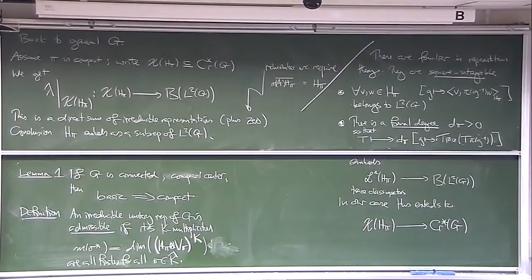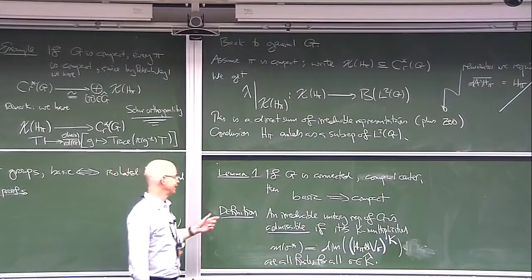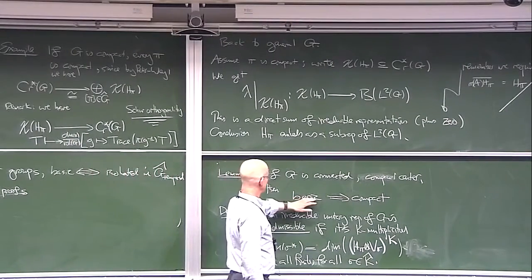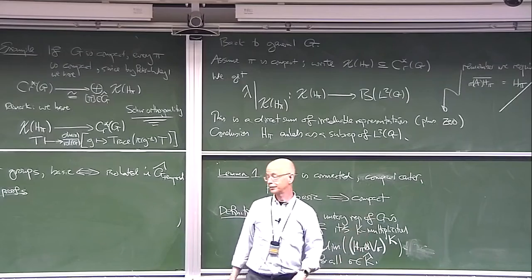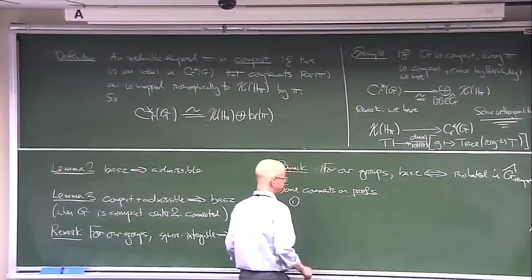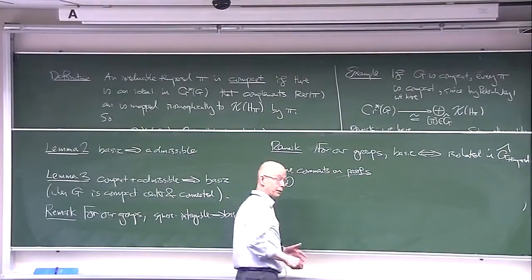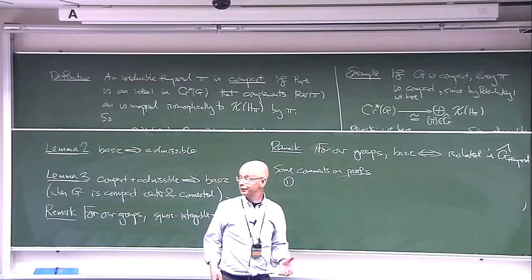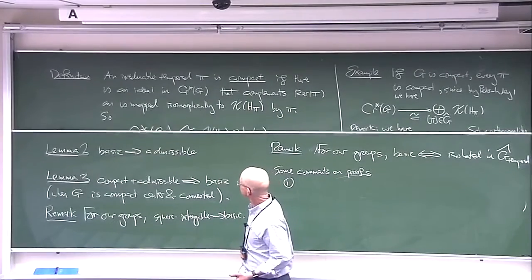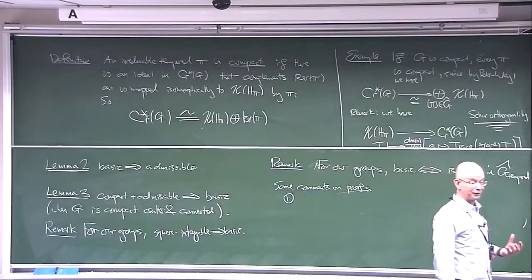Suppose you have a basic representation, whatever that is, we'll remember what it means in just a moment. And now we want to show that that representation is compact. And so we have to build some ideal according to the definition of compact.